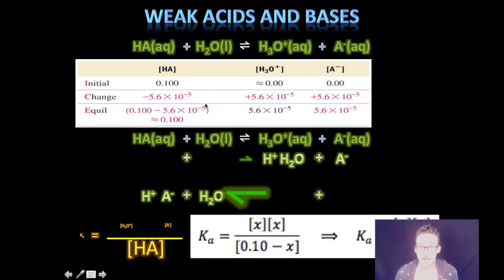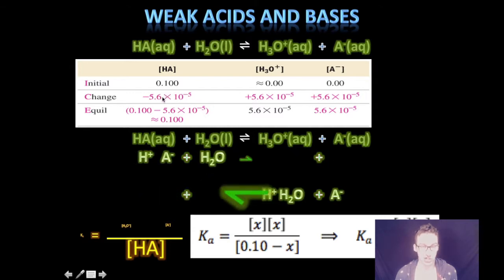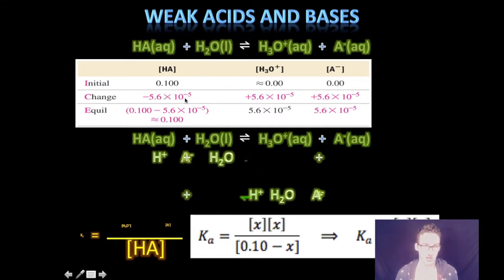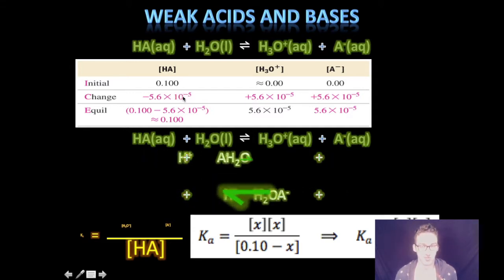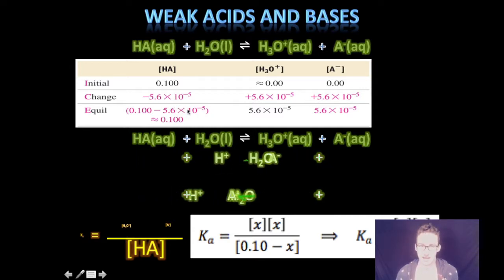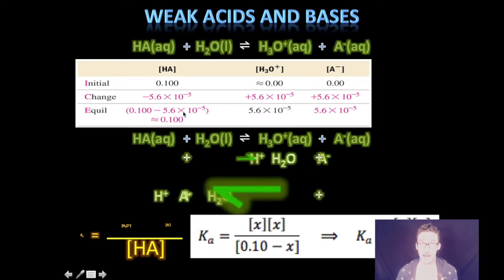Now, lucky for us, because weak acids and bases really don't ionize very much, the change in the concentration isn't going to be very large. In fact, many times it's going to be small enough that we can neglect that change in concentration, which will make solving these problems a lot easier, as you'll see when we work through a couple of examples.